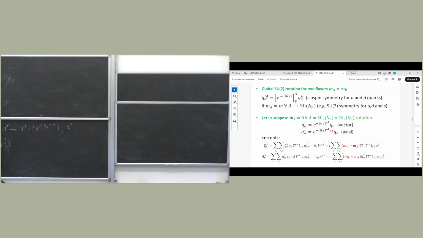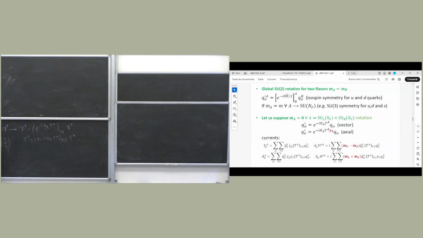So you just take theta really, really small, infinitesimal, and replace the exponential by 1 plus something, right? So then what we have here is q'_i is 1 minus i theta^A T^A_ij q_j.